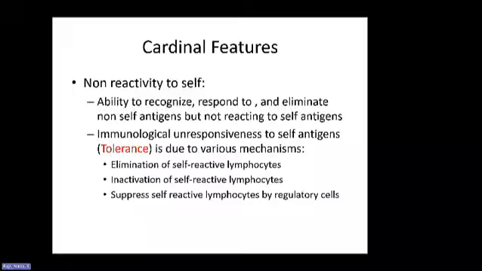And the reason for the tolerance is because the immune system, while it's developing, eliminates self-reactive lymphocytes. It will inactivate the self-reactive lymphocytes that are left behind. And if there are some that still get into circulation, there is a way to suppress those self-reactive lymphocytes by regulatory cells. So those mechanisms all together are called tolerance.